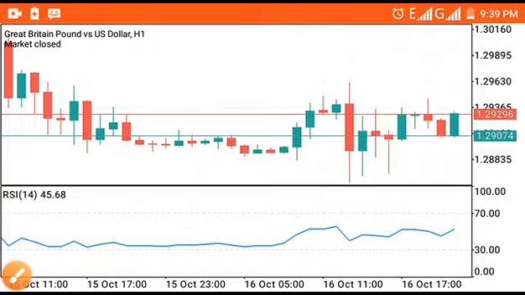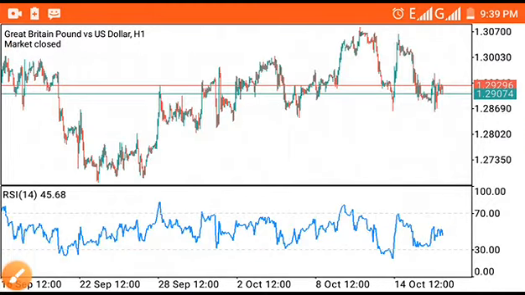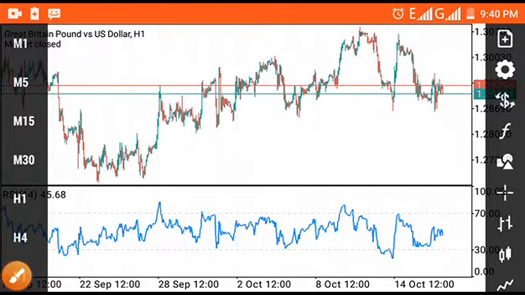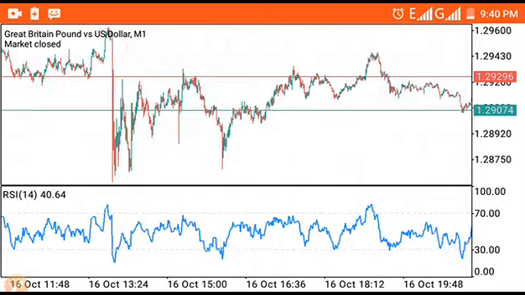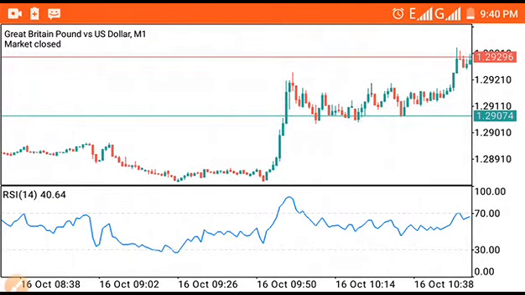Didn't touch oversold or overbought. No touching. You see? But the 1 minute time frame is telling us, yo, overbought.